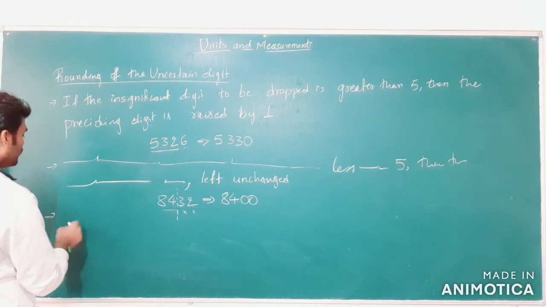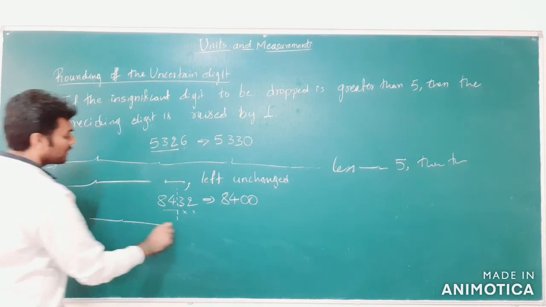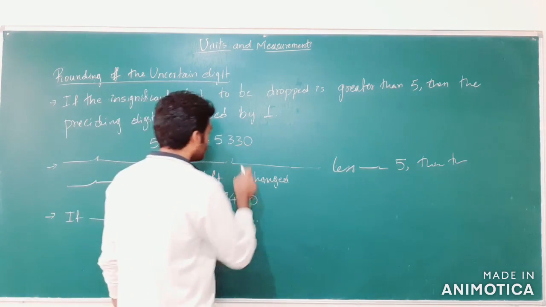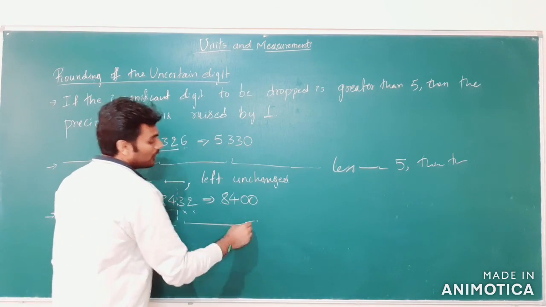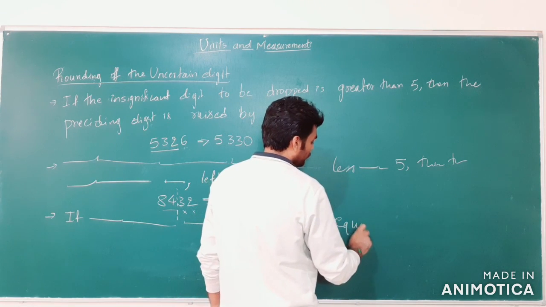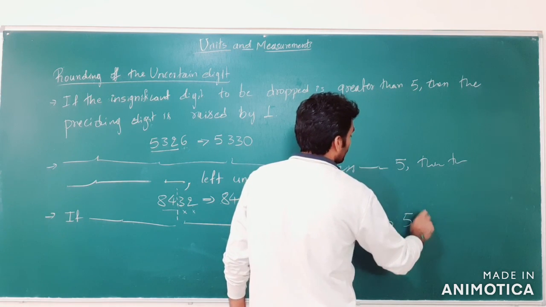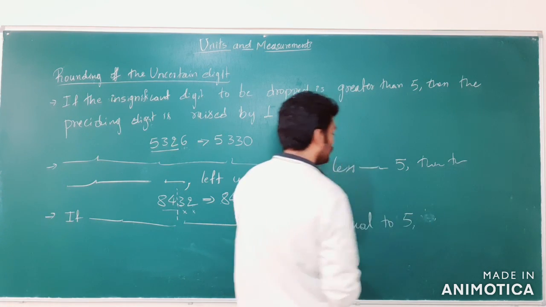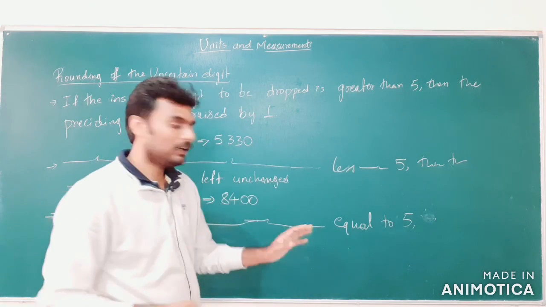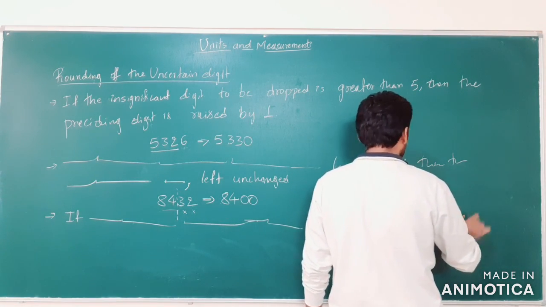So the condition goes as such: if the insignificant digit to be dropped is equal to 5, then one more condition has to be checked.